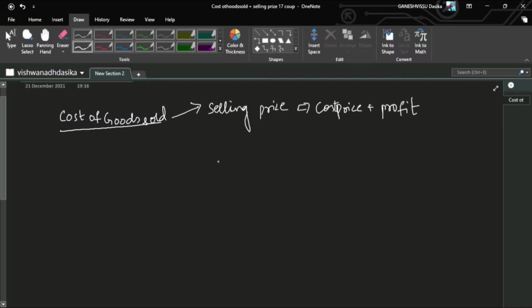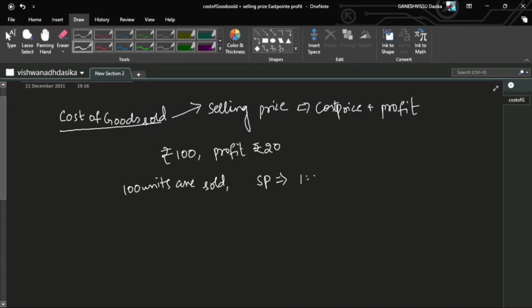For example, if the cost price is 100 and profit is rupees 20 and 100 units are sold, then what would be the selling price? Selling price would be 100 into 120, which is 12,000. This is what we call the selling price.